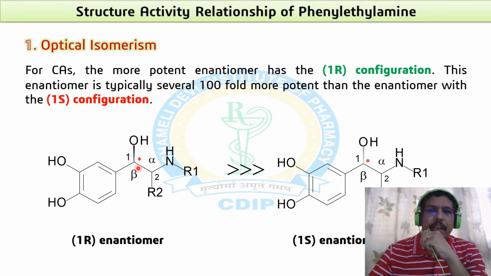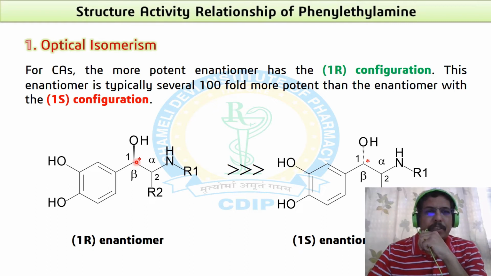Here two conditions are possible: it may have the R configuration, or the S configuration, which depends on the arrangement of groups or substitutions in a clockwise or anti-clockwise direction on the chiral center.